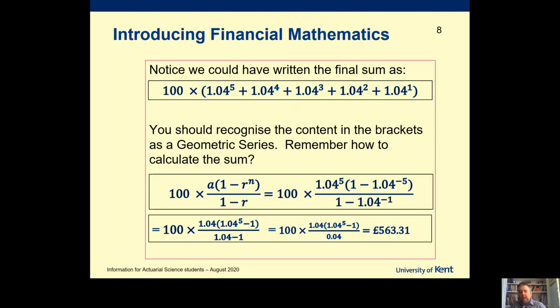We could multiply out this bracket as well on the top, but I'm going to choose not to here. Okay, so what we've got is we've used the geometric series to find the sum of the invested amounts from the different years, and then we can evaluate this formula to give us 563.31 rather quicker than having to multiply out each term separately.